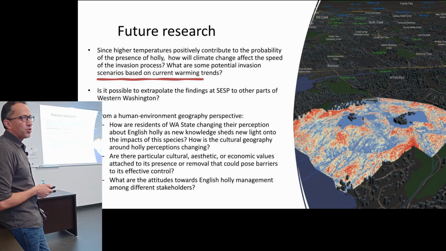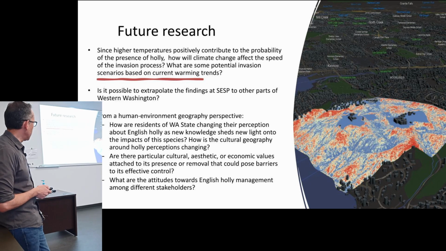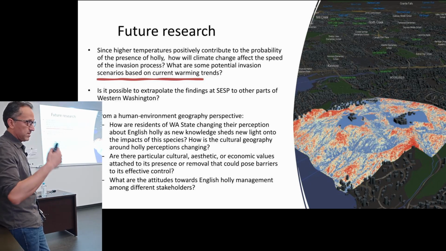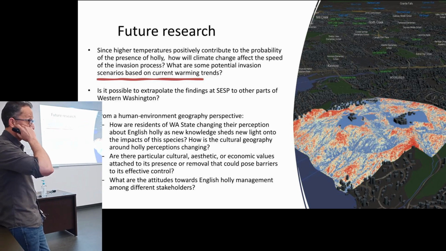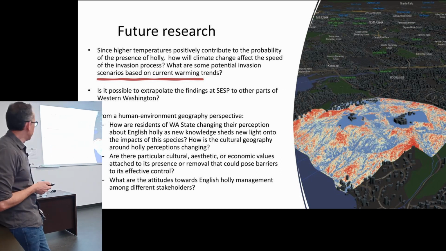So basically, the cultural geography around holly: is that changing, or is it remaining the same? I think with more knowledge and more experiences like this one, we can probably change a little bit that culture around holly that has affected the region for more than a century. Changing that culture is probably the hardest.